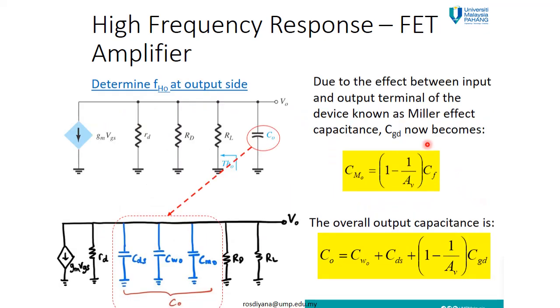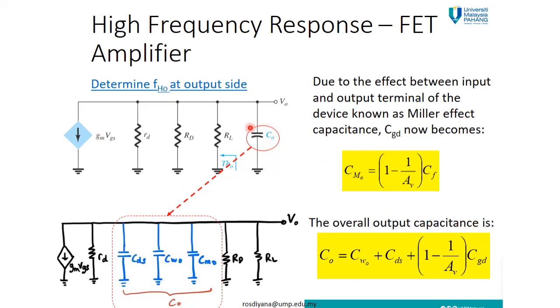Now we want to find the high frequency response at the output side. So we take a look at the AC equivalent circuit for the output side. Can you see this capacitor? This is Cout. Actually inside Cout, in detail, is CDS, CWout, and CMout.